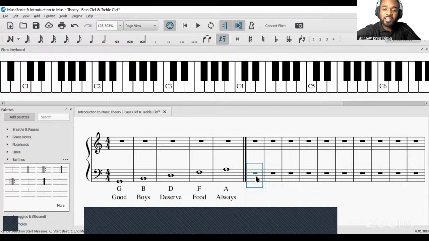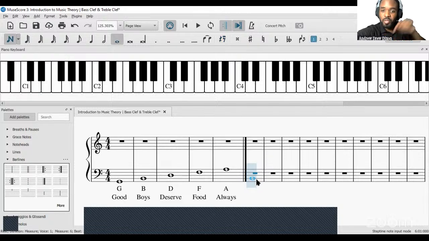Now on the next side of the double bar, we're going to write the names of the spaces. You would notice that there is a sequence of line, then space, then a line above that, and then space, and a line and space. So in total, there are 5 lines, and between the 5 lines, there are 4 spaces. Let's write the names of the notes of the spaces.